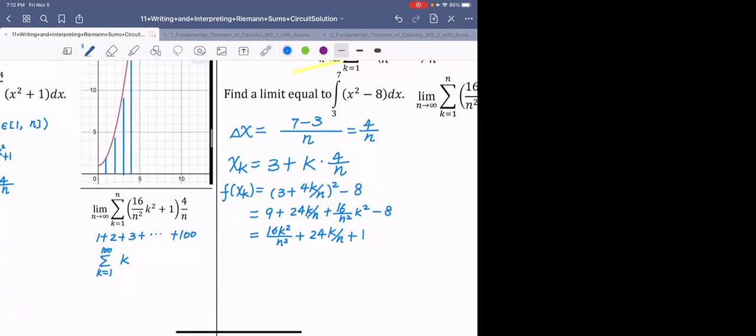So how do we write down the limit format? Do you remember the big package? It's limit as n approaches infinity, and then sigma, with k from 1 to n, and then you copy down the whole thing and multiply by delta x at the end.